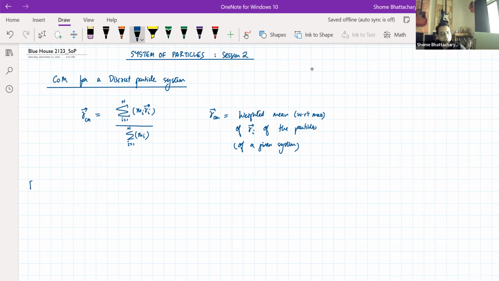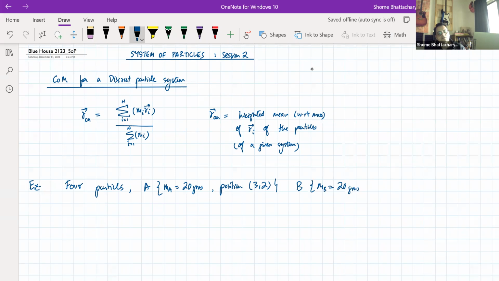Okay, so let's look at a quick example. 4 particles. E, which has a mass of 20 grams and position. B, which has a mass of again 20 grams, but a position of.